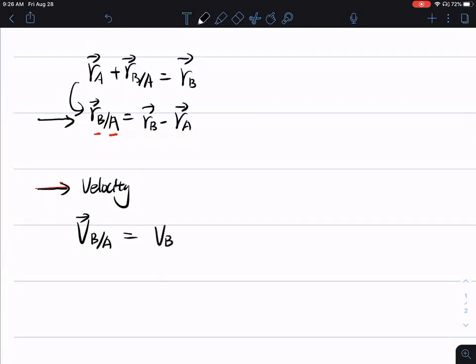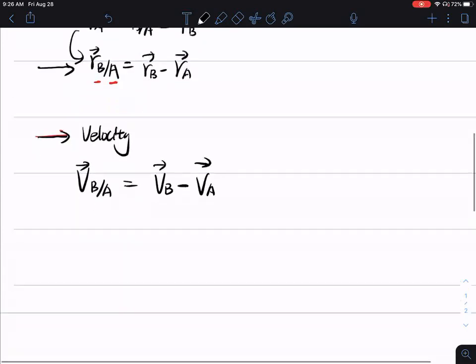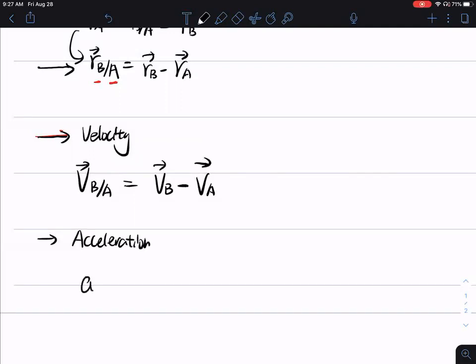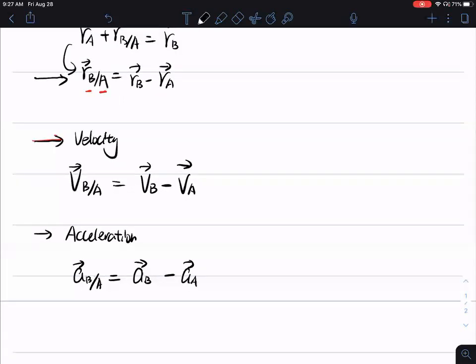It equals VB minus VA. For acceleration, AB/A equals AB minus AA. Yeah, remember the definition of these three equations. Those are for relative motion.